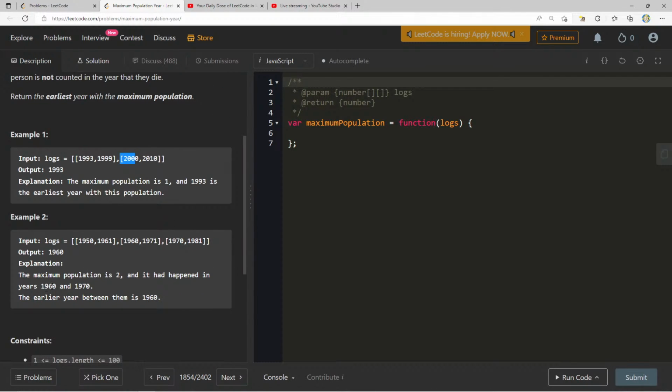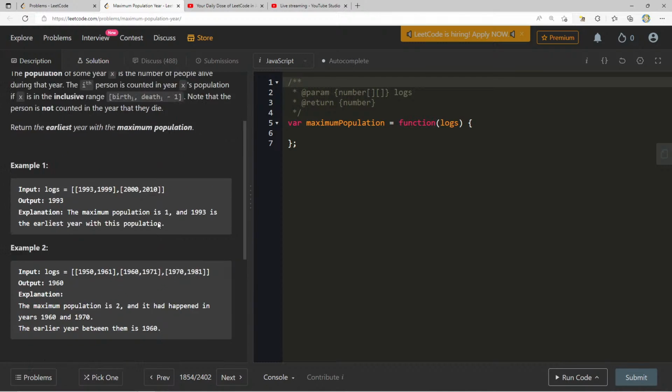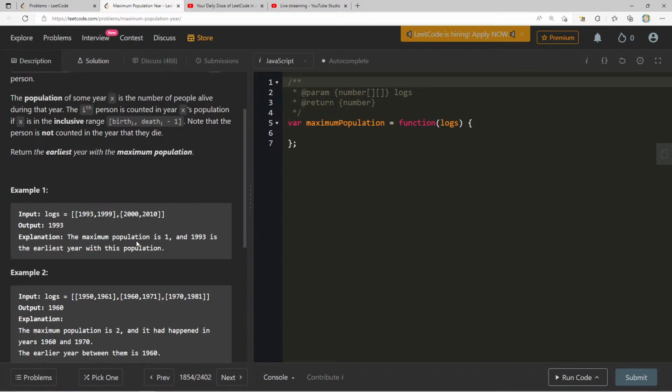Then the years 1960 and 1970. So is this just intervals like 1950 through 1961? But then you had someone that lived from 60 to 71, so that's also an interval. And then you have 1970 and 1981, that's a new interval. So it seems to me like we want the longest interval between any of these.